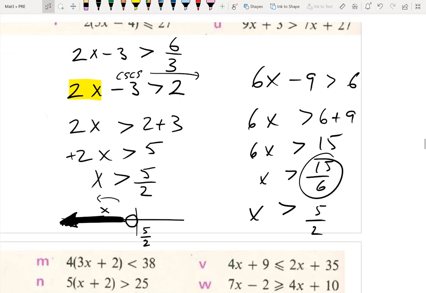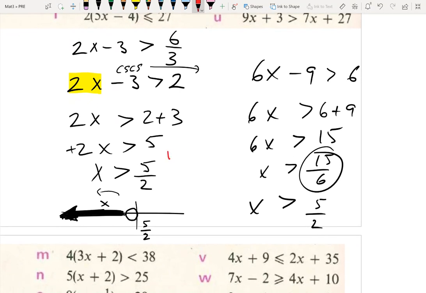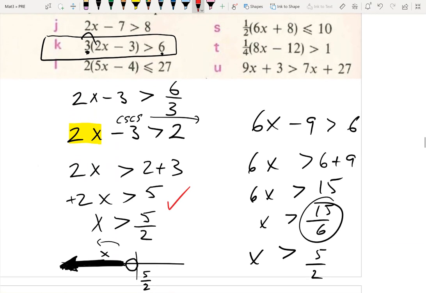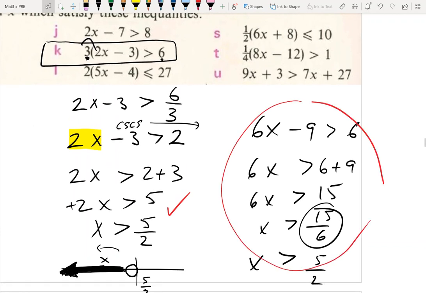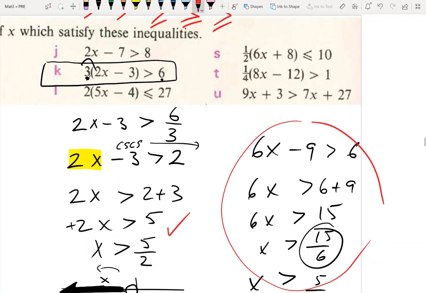But we prefer this one, because you're going further away from the answer and creating more work here. So when you have a choice of multiplication or division, and you always do, ask yourself, does it divide in evenly? And if it does, then go for it.